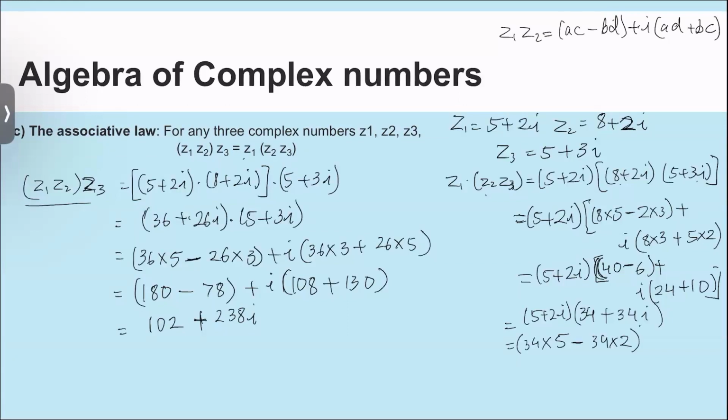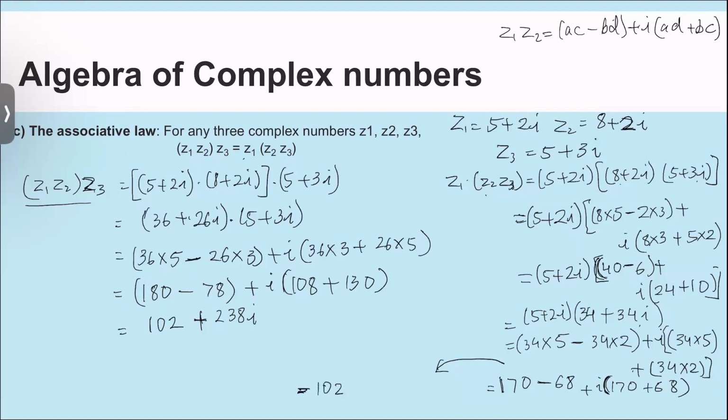Then you have plus i, AD plus BC, so A and D, that is 34 multiplied by 5, plus BC, 34 multiplied by 2. I will just write the final answer over here: again you get 102 plus 238i.